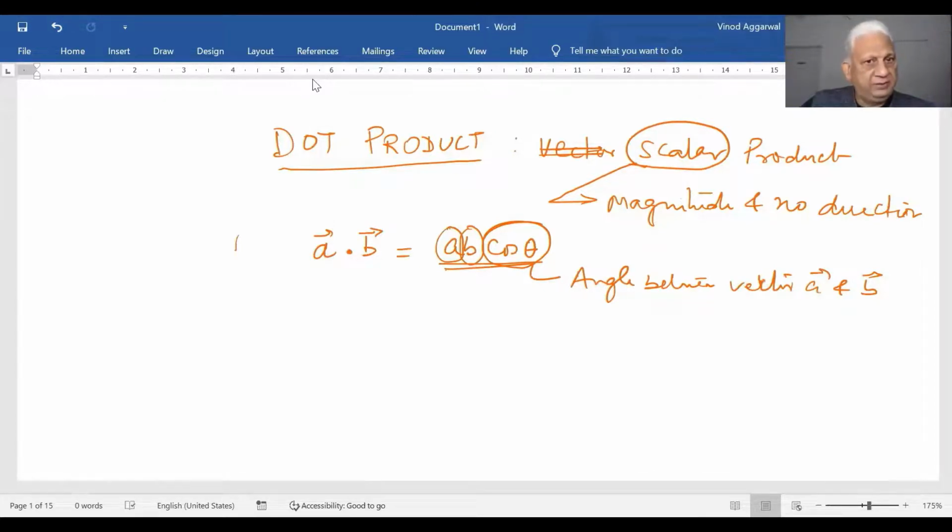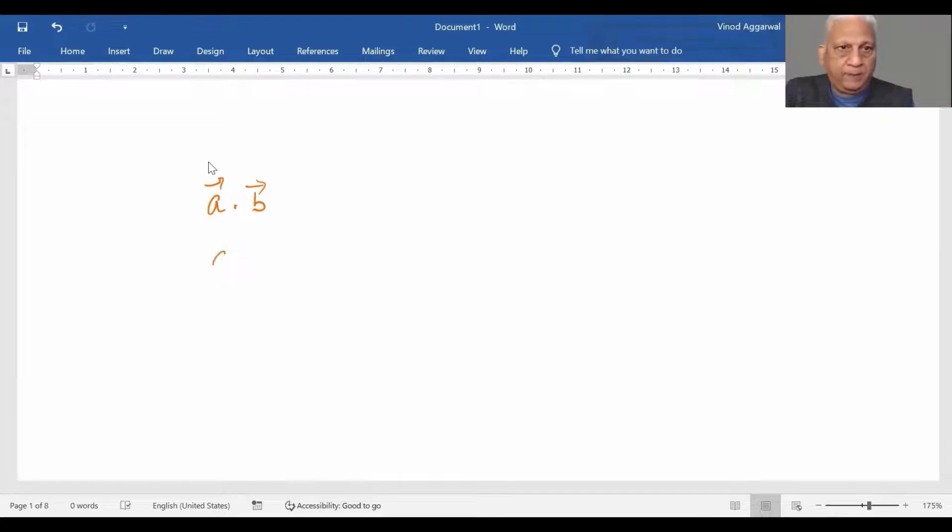There's another way of calculating the dot product, which is by taking its components. So A has a component in the x direction, a component in the y direction, and a component in the z direction, dotted with B's component in the x direction, in the y direction, and in the z direction.